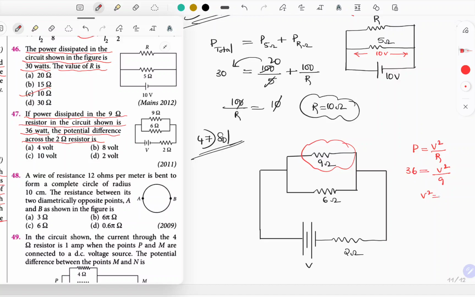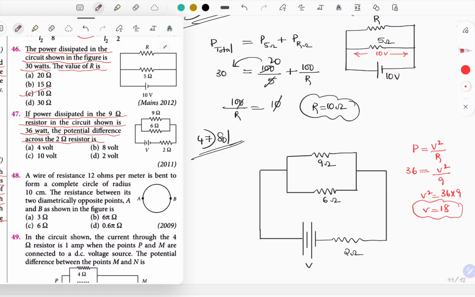Then V square is equal to 36 into 9. Then V is equal to 18, because root 36 is 6 and root 9 is 3, and 6 into 3 is 18. So this is the voltage which appears across the 9 ohm resistor.